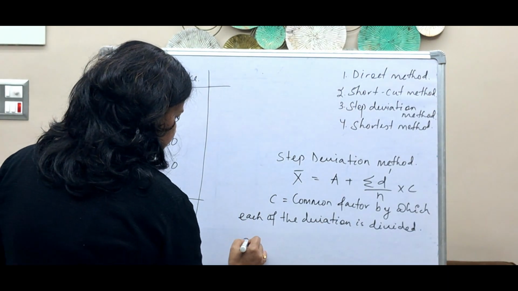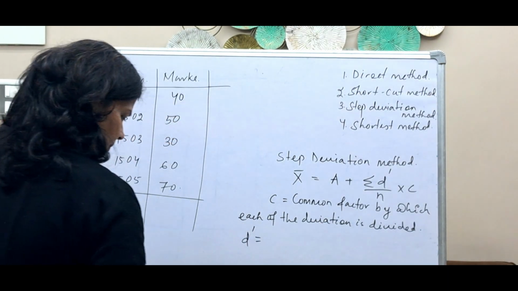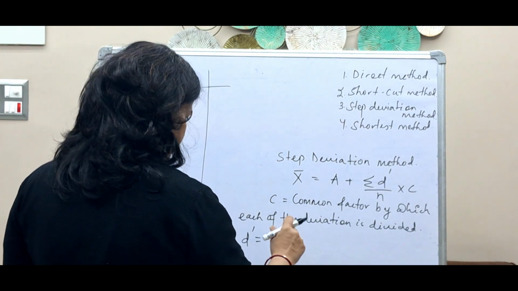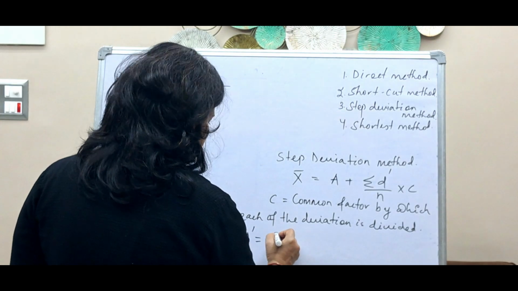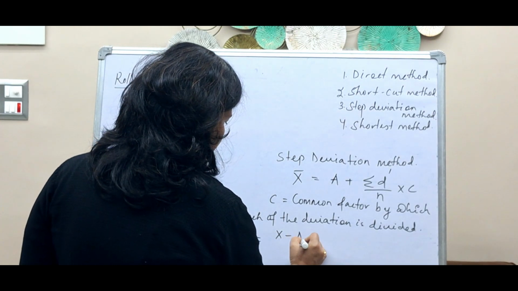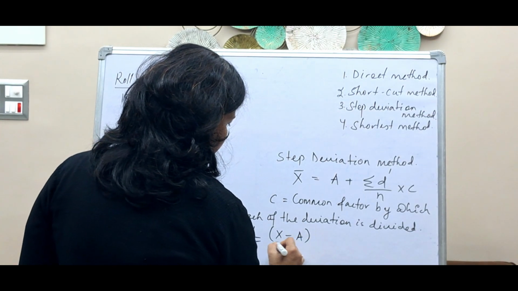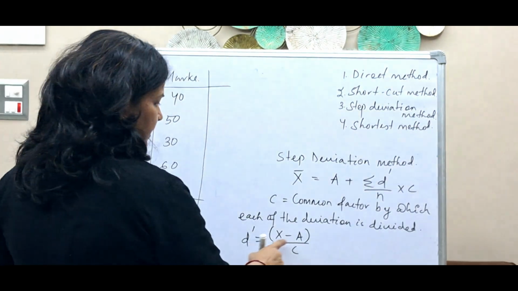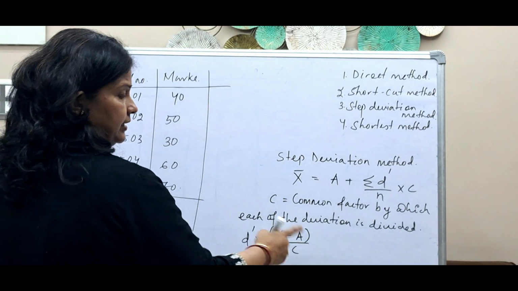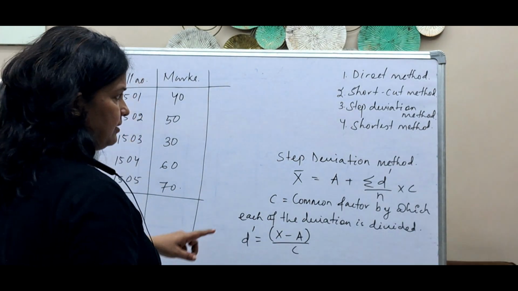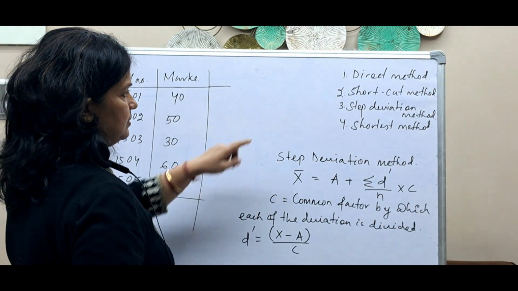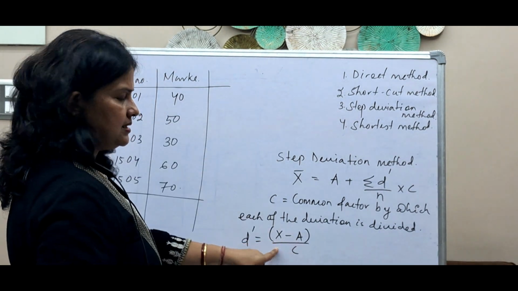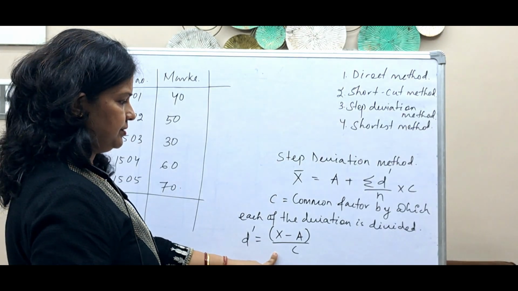D dash, the deviation, D dash equal to x minus a divided by c. X minus a, we have already discussed in our previous class. For shortcut method, x minus a is nothing but the deviation.